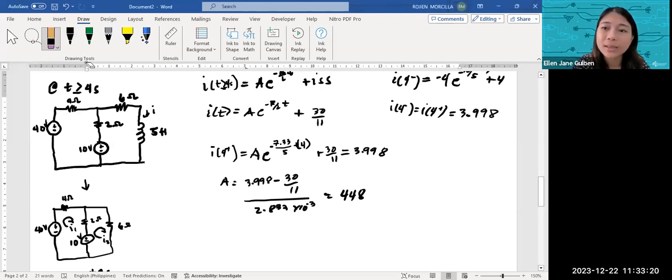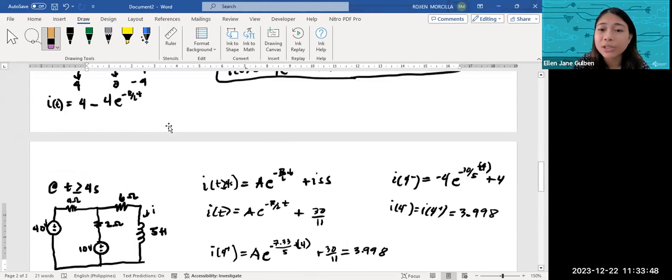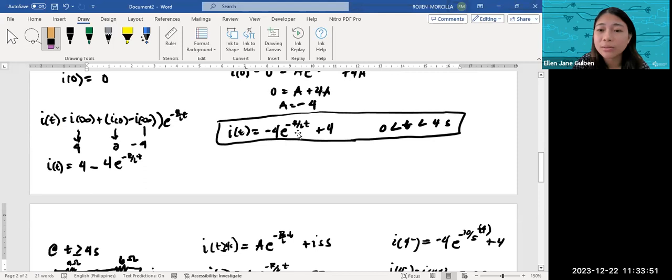So this one is our equation at the start of the switching at t greater than 4 seconds. But at the time of the switching action, we are actually considering this as the first time for this equation, no? At our first equation right here, we are using 4 seconds.